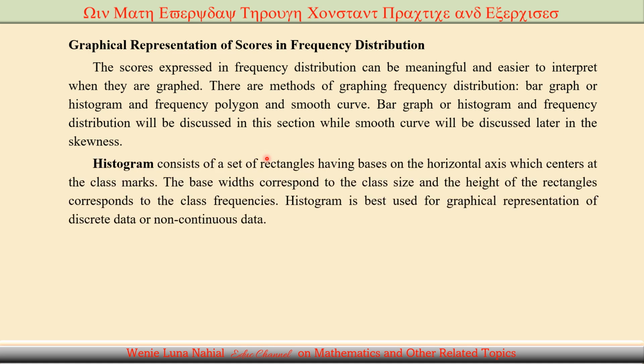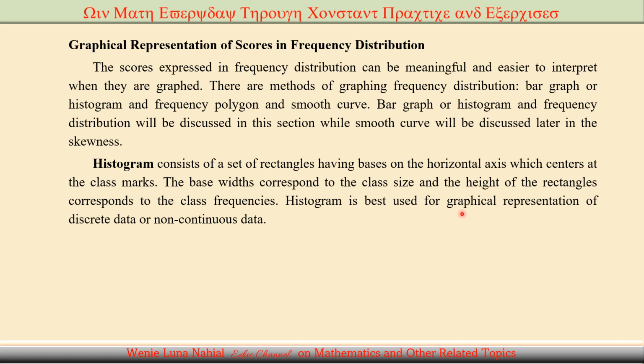The bar graph or histogram and frequency polygon will be discussed in this section, while the smooth curve will be discussed later in skewness. A histogram consists of a set of rectangles having bases on the horizontal axis, which are centered at the class marks. The base widths correspond to the class size and the heights of the rectangles correspond to the class frequencies.